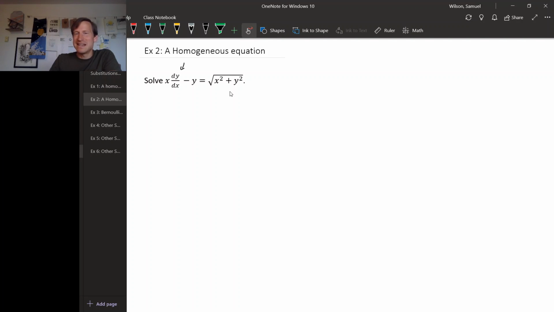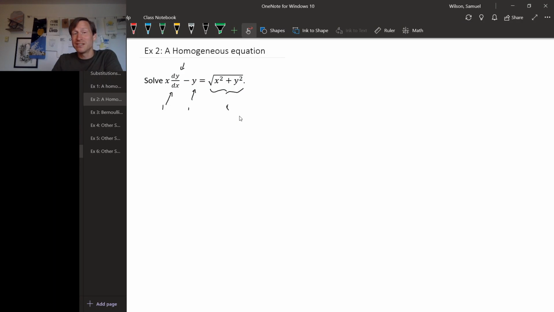If you think about the idea of an equation being homogeneous, every term should have the same power of x and y. Right? In this term, it has just an x, so that's power 1. This term has just a y, so that's power 1. And this term, well, x and y are squared, but they're in a square root, and so that kind of counts as power 1. So maybe this is homogeneous.